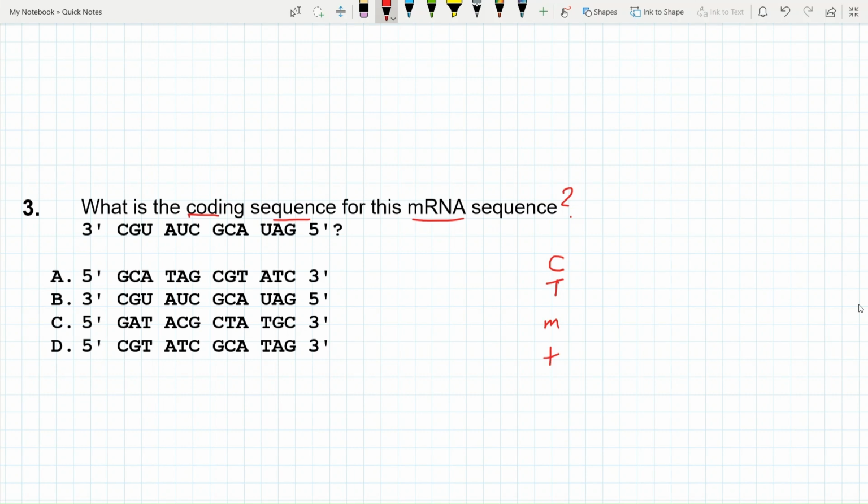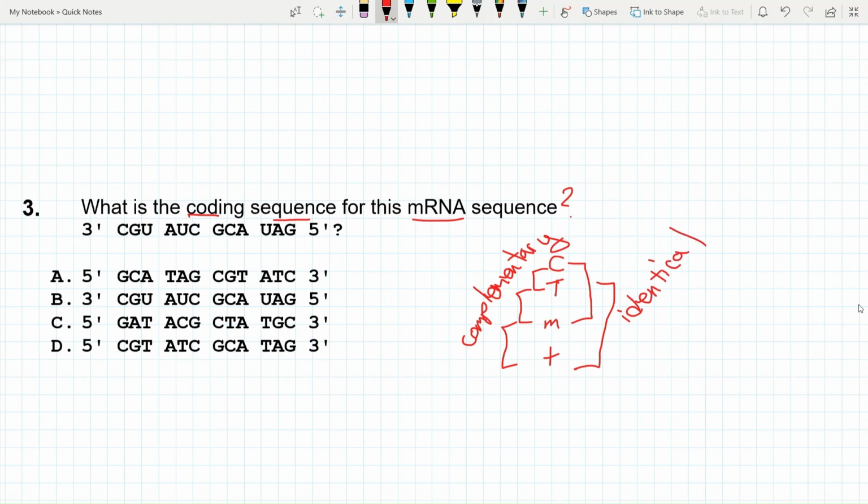Every time we go down one step, it is complementary. And if we skip a step, so going from coding to mRNA or going from template to tRNA, that would be identical. Okay, so we want to remember this.